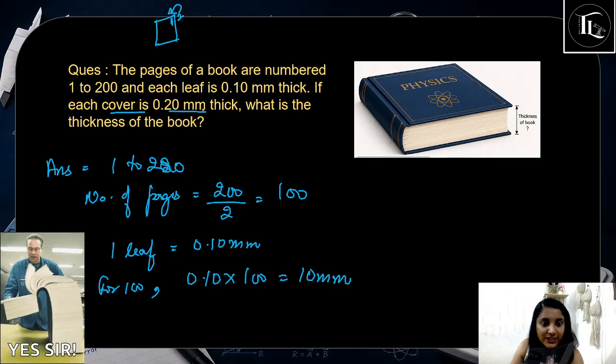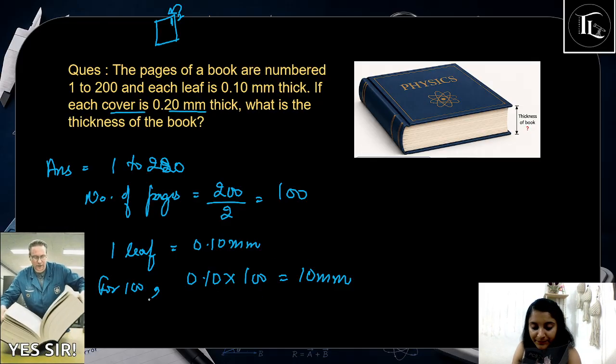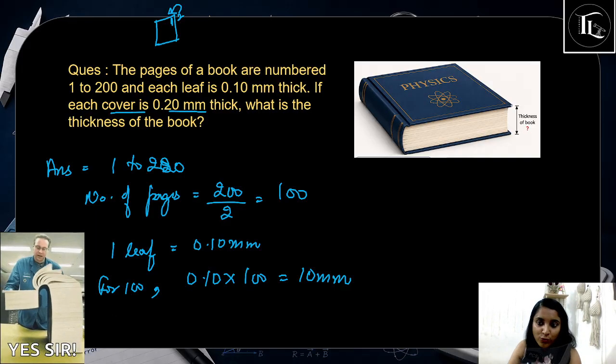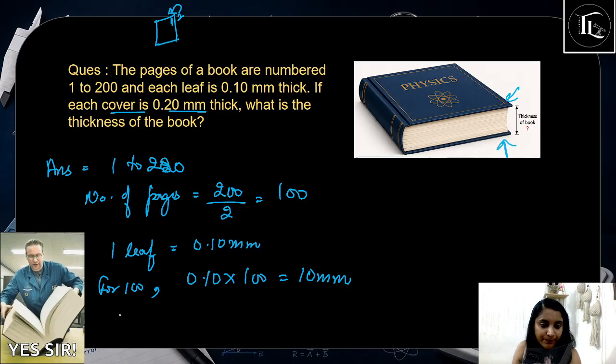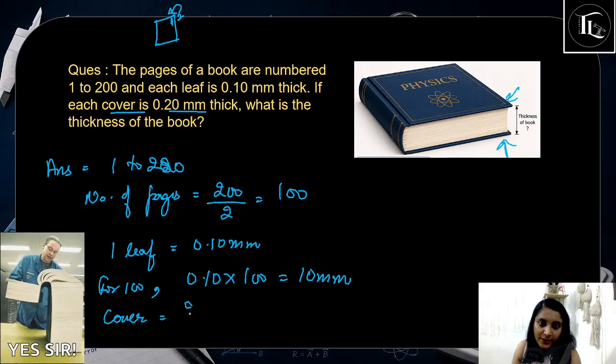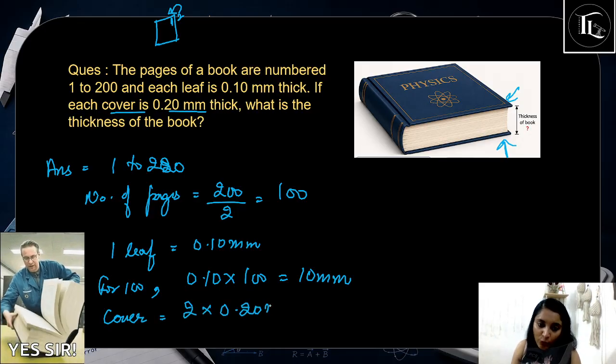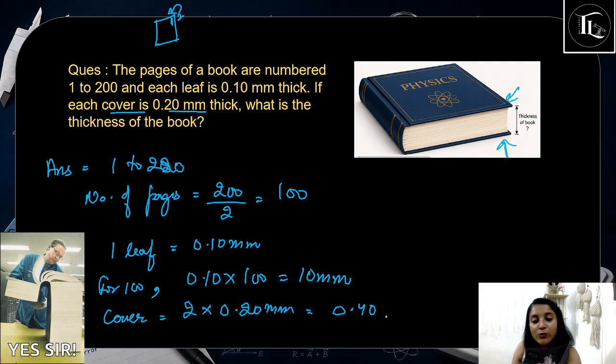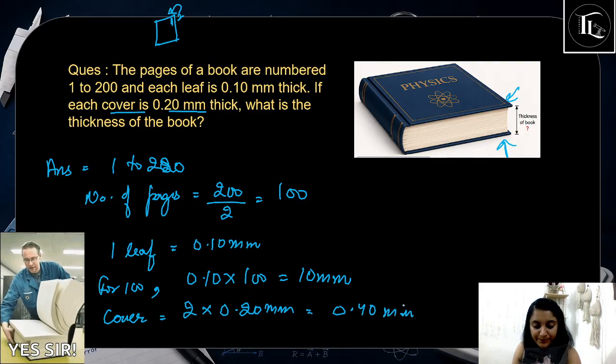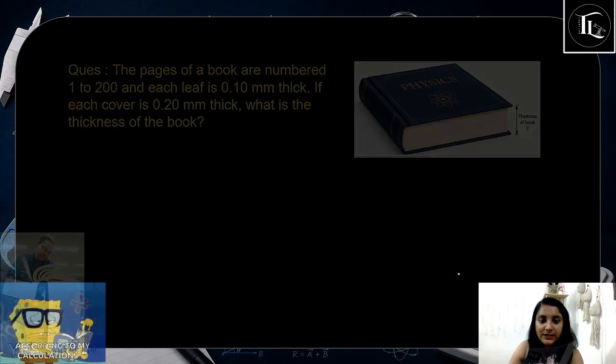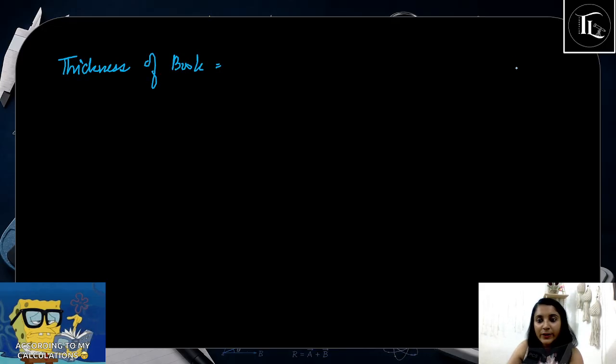Now it says the cover is 0.20 millimeters thick. But we have two covers, right? The upper one and the lower one. So for cover, it would be 2 into 0.20 millimeters, that is 0.40 millimeter. Now comes the thickness of the book. It would be the pages and the cover.